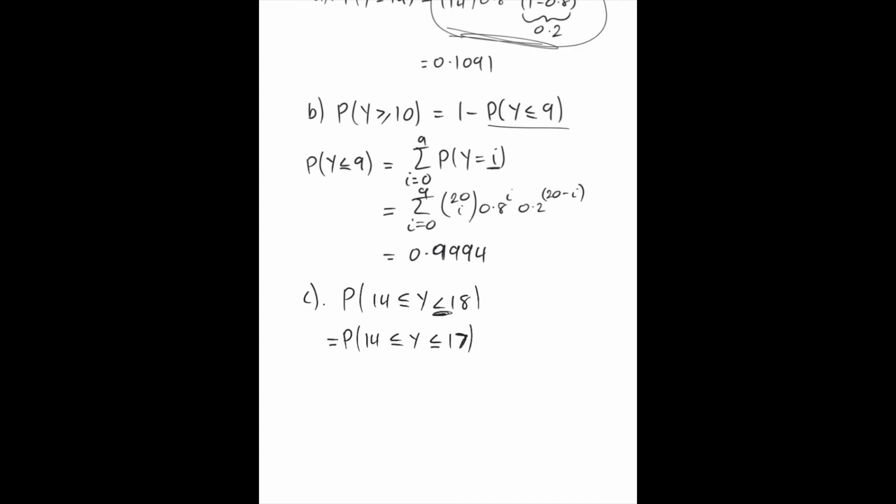And now we can solve this two ways. The first way is to simply write out, like we had earlier, our sum. So we have the sum from i equals 14 up to 17 of 20 choose i, 0.8 to the i times 0.2 to the 20 minus i. That's perfectly valid, but the only way you can solve that is by hand.